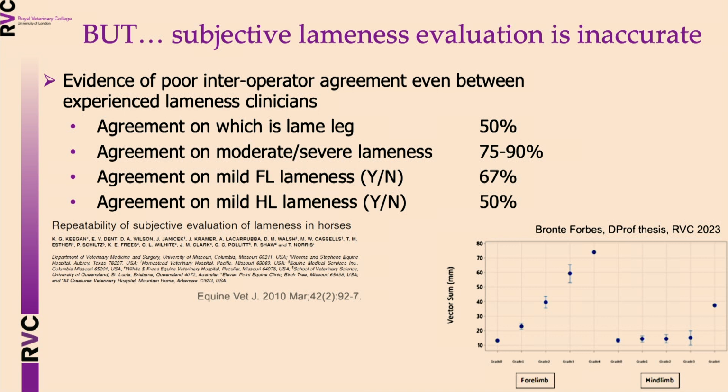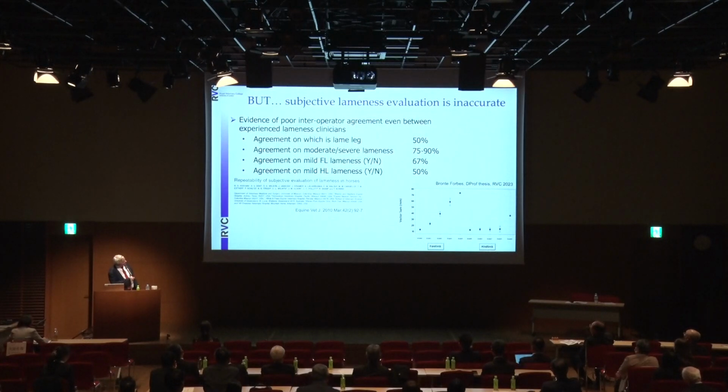However, this subjective evaluation varies depending on the veterinarian doing the evaluating, so there is a problem of inaccuracy. This is data published several years ago, in 2010, that looked at the agreement between veterinary surgeons for a number of parameters. For instance, even which leg was lame.